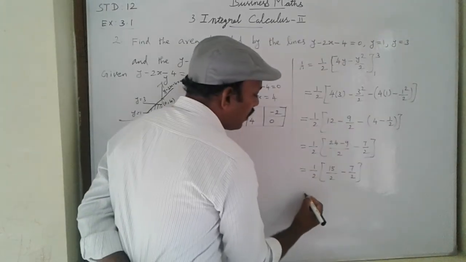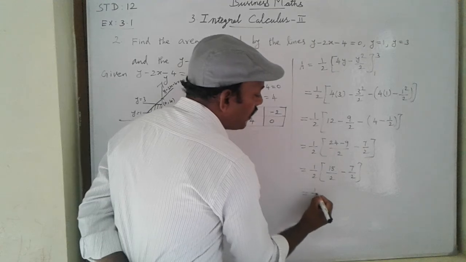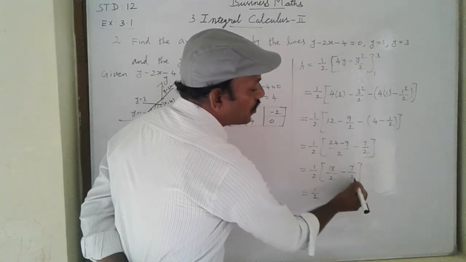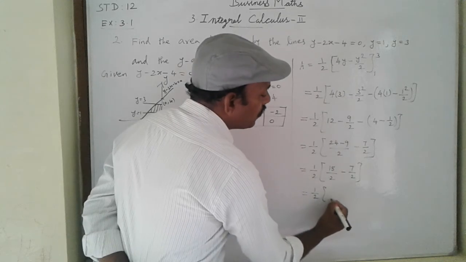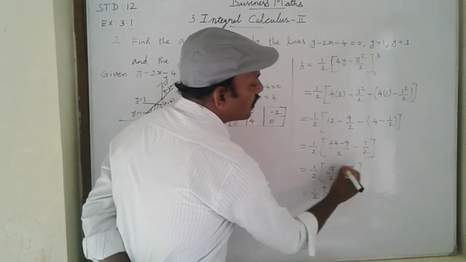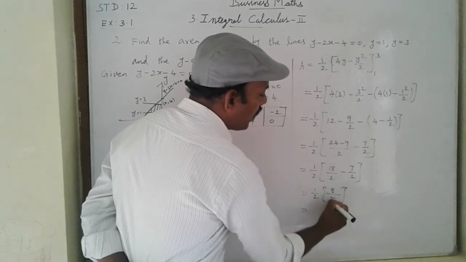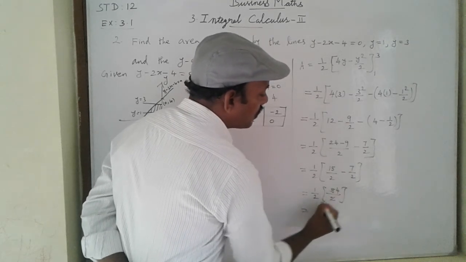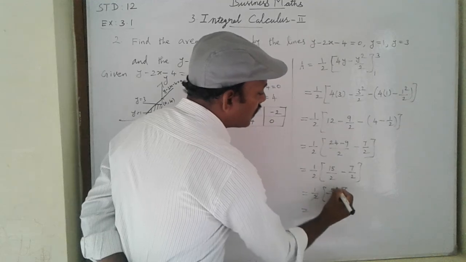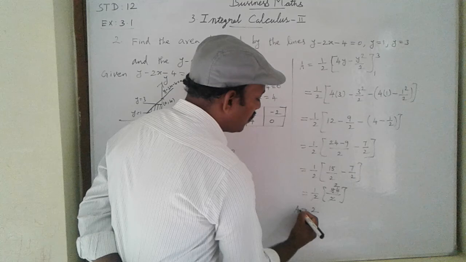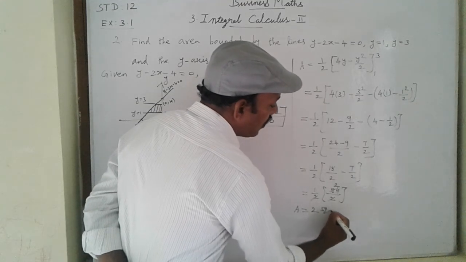Equal to 1 by 2, the denominator is 2, 15 minus 7 is 8. So 2 and 8 cancel, 4 times. 2 and 4 cancel, 2 times. So the area equal to 2 square units.